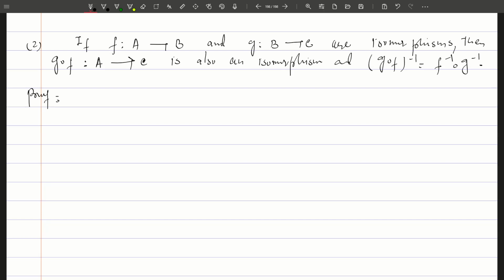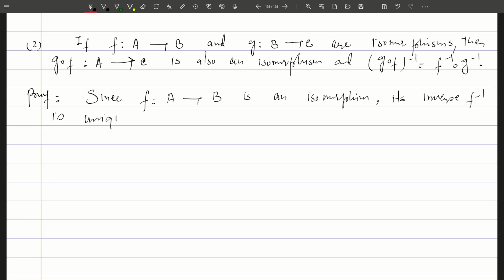So one can note that, since f from A to B is an isomorphism, its inverse f inverse is unique. Now to prove f inverse is also an isomorphism, what we have to prove?